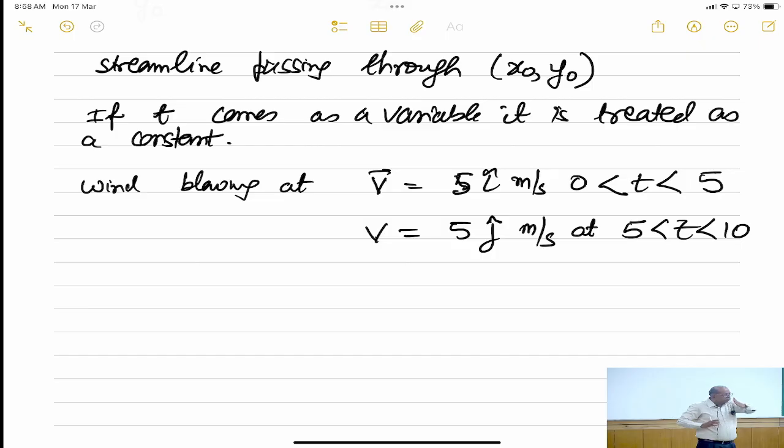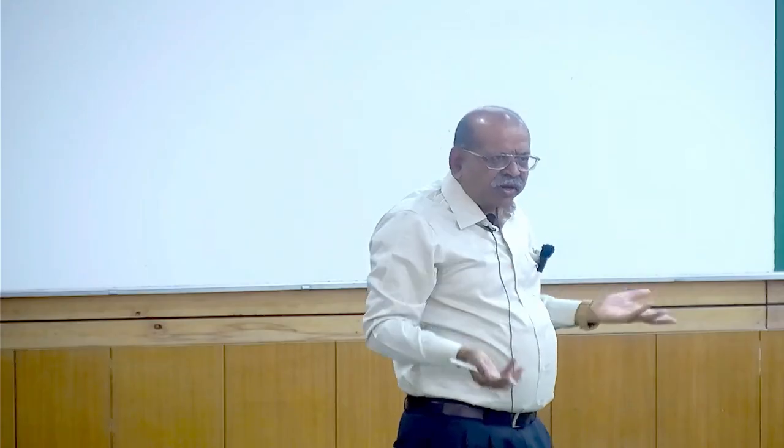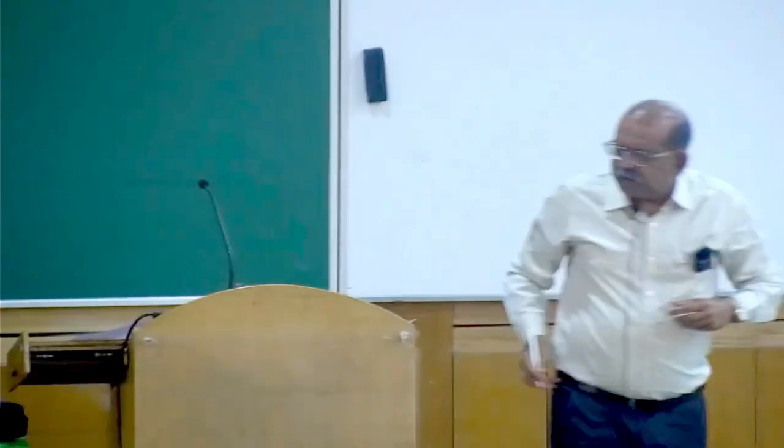So initially it was blowing like this, and then from 5 to 10 it becomes vertical. Just a contrived example.